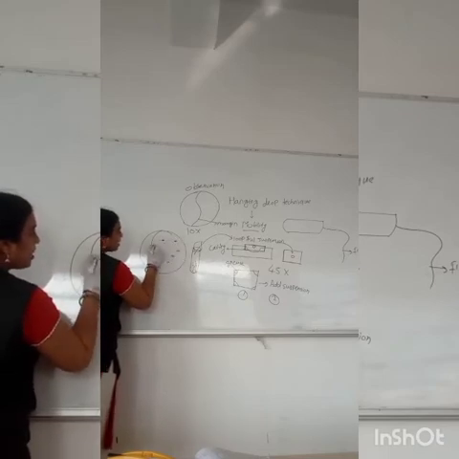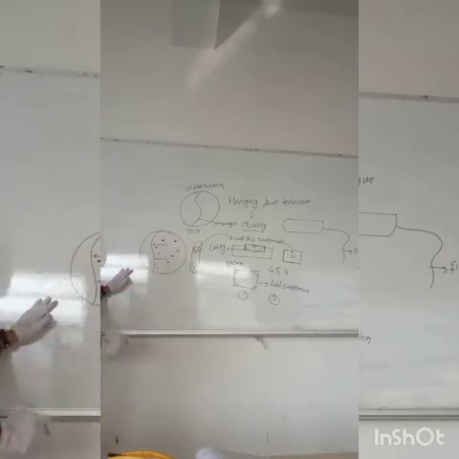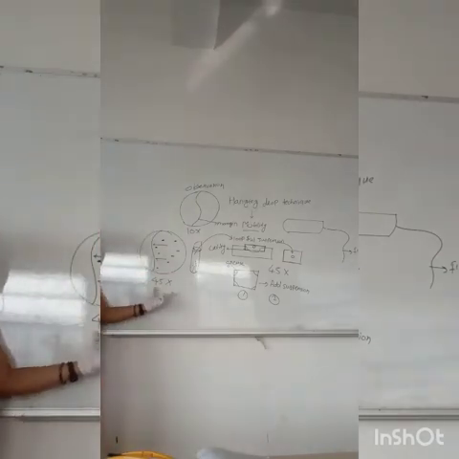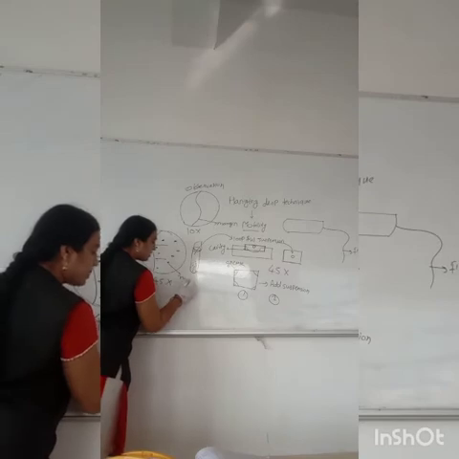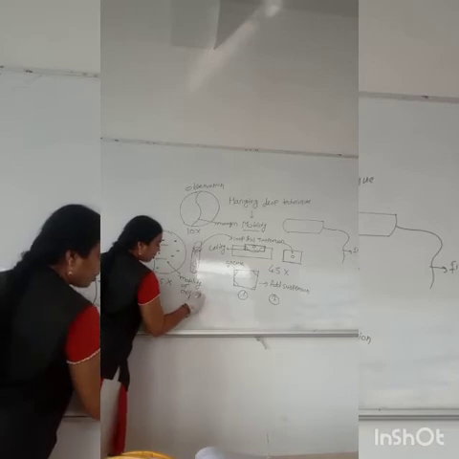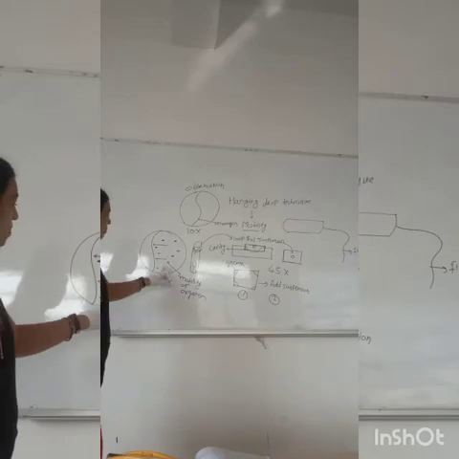They are tending towards this margin. This observation is at 45x. Here, under 45x, you are observing the motility of the organism.